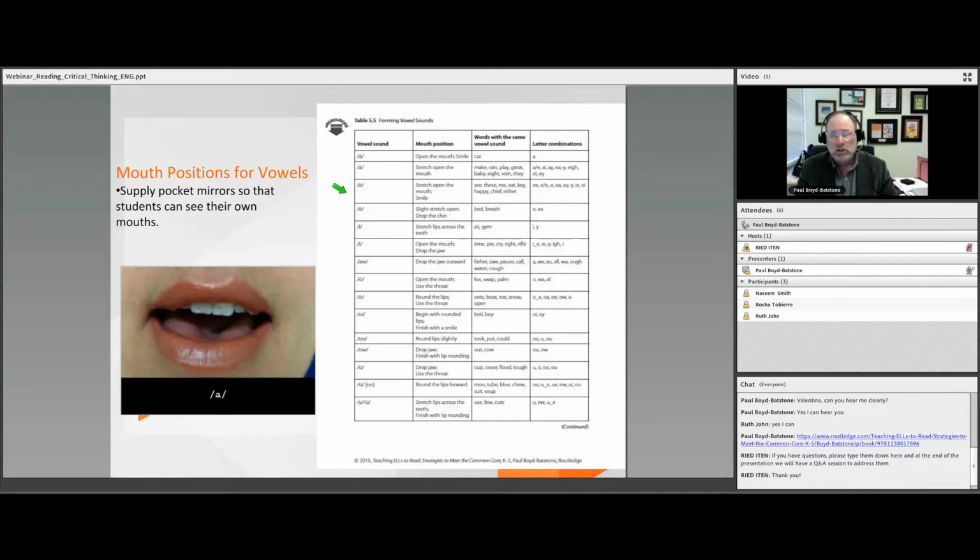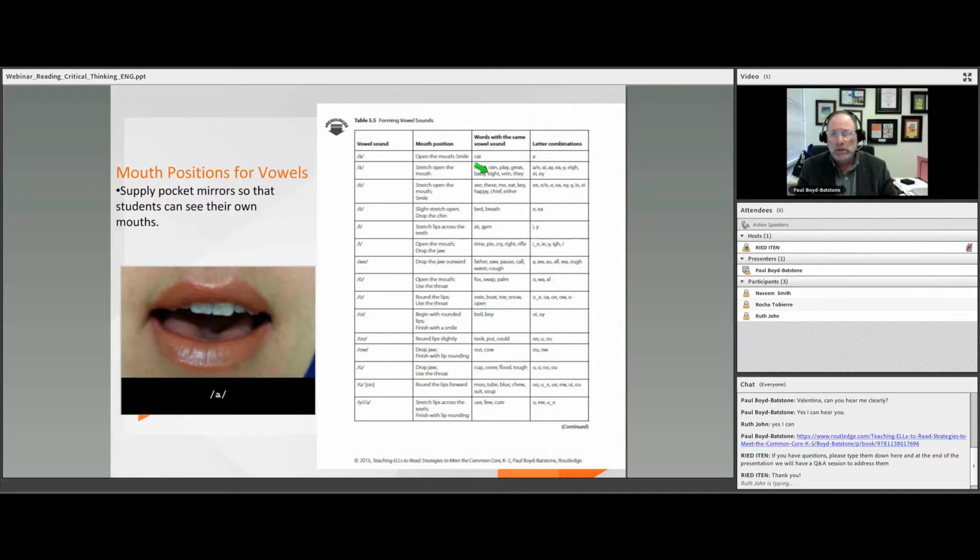So I put together this chart for every one of the vowel sounds, not just the 5 vowels, but the actual vowel sounds, because there's a difference between a and a. And the difference is in the position of the mouth, where a is like a wide open smile, and a is closed, is more closed.